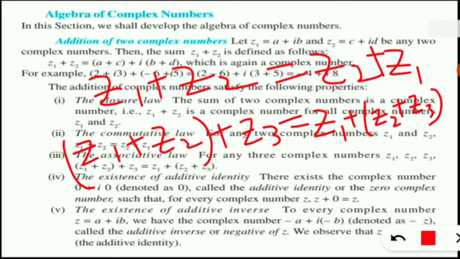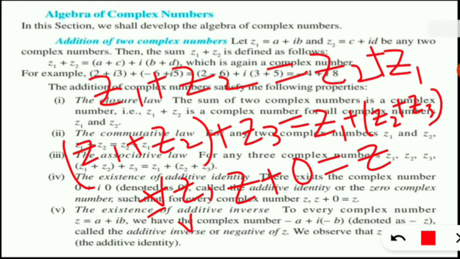Okay, next the existence of additive identity. So for all z, listen, this is the for all sign. For all z, z plus additive identity, that means 0, equals to z. Okay, and next the existence of additive inverse, that means again for all z, z plus minus z equals to 0.